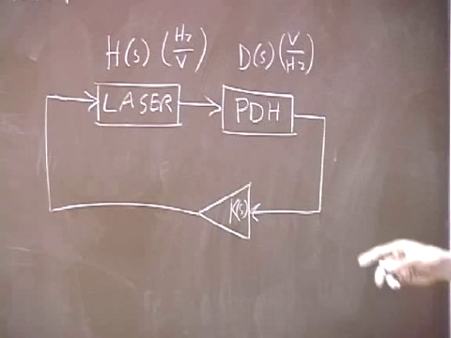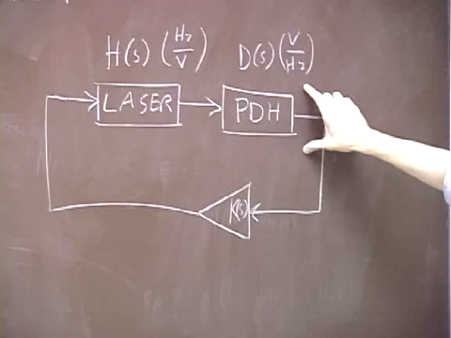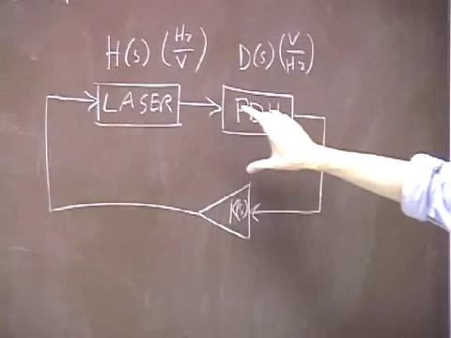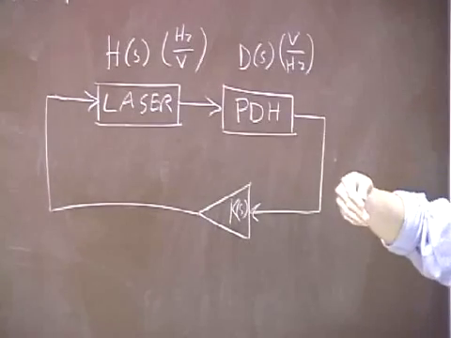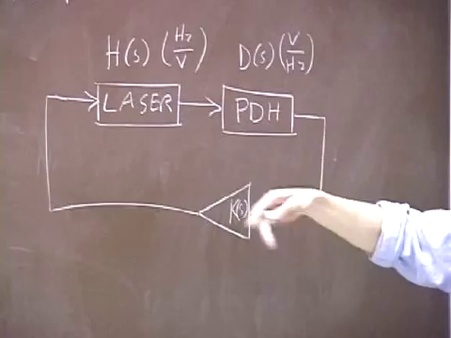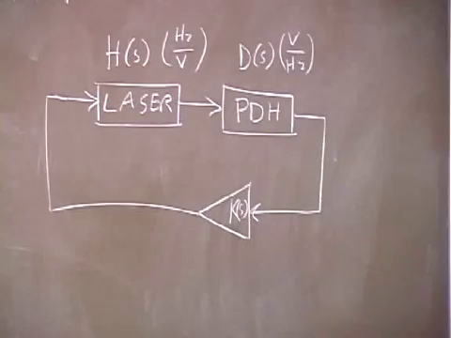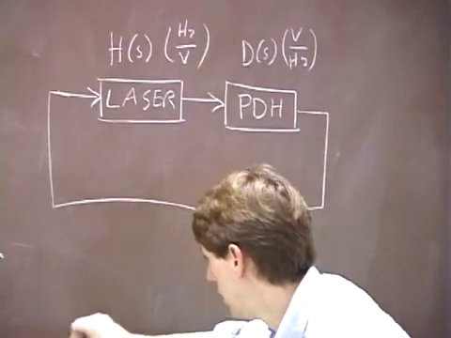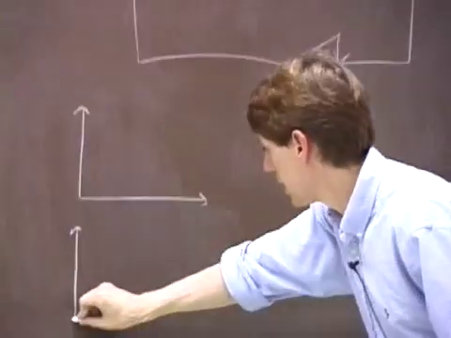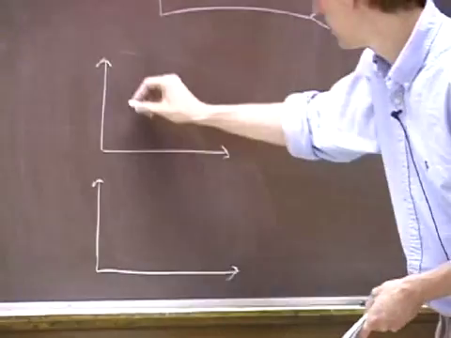If we assume that this transfer function is the only thing that has any frequency dependence, that is, if we assume a perfect laser whose frequency follows the input voltage at all frequencies, and a perfect amplifier, then we can draw a Bode plot of this, and we get exactly the same kind of dependence that we got for the low-pass filter.